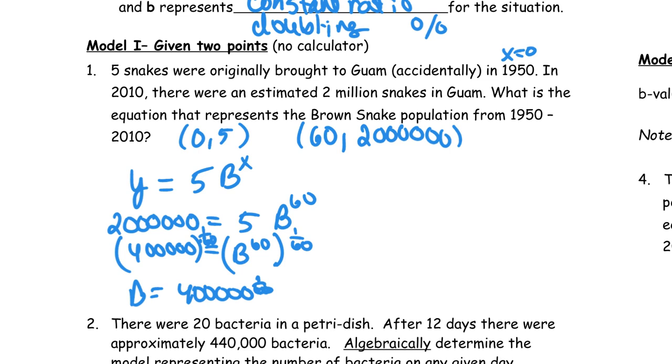So I haven't plugged it in the equation yet. I'm just talking about the 400,000 and 1 over 60. No. That would be the 60th root. Can we get it to its, what's it called? Its base? Sure. But that's very interesting to find out.